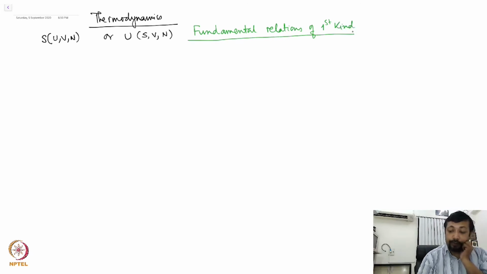And these are the most powerful relations that you can have. For example, if you know either S as a function of U, V, N or U as a function of S, V, N, you can invert either of these, and then essentially you can calculate the heat taken, the change in entropy, the work done, all of this, provided you know this.